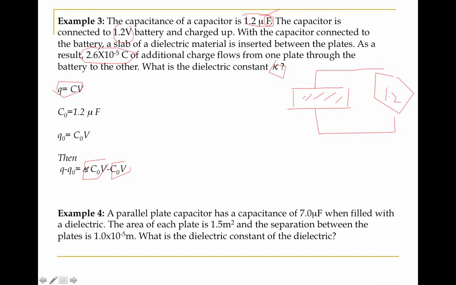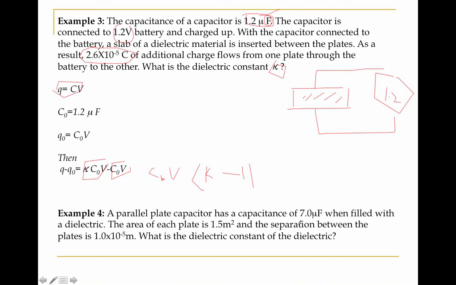So if I take this out, then I get C0V multiplied by kappa minus 1, and that's the solution. Delta Q is given, C0 is given, and V is given, and from here I can find kappa.